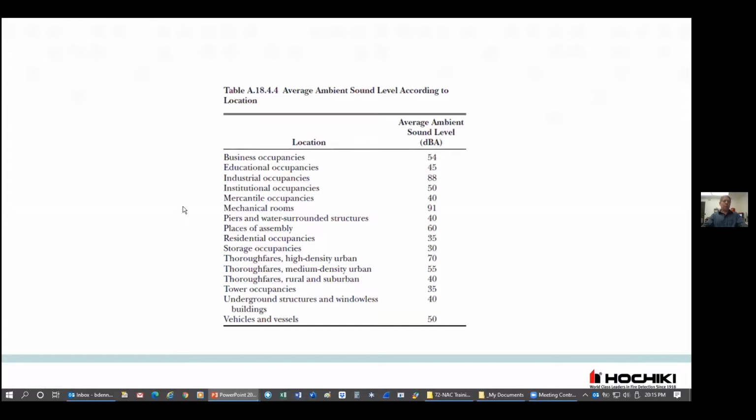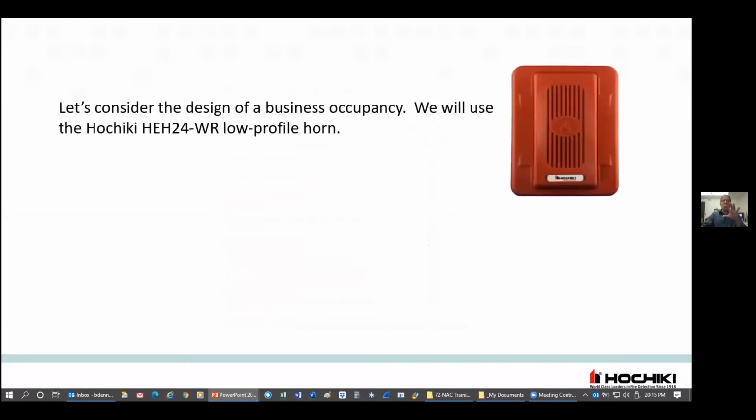All right, so let's think about how we could use this table in the design of a system. Let's consider a business occupancy, an office. We're going to use the Hochiki HEH24 wall mount red low profile horn that's pictured here. We need to know how loud this appliance is.